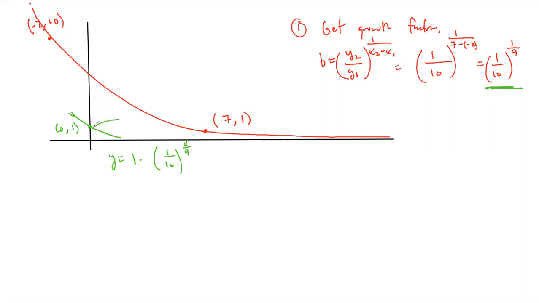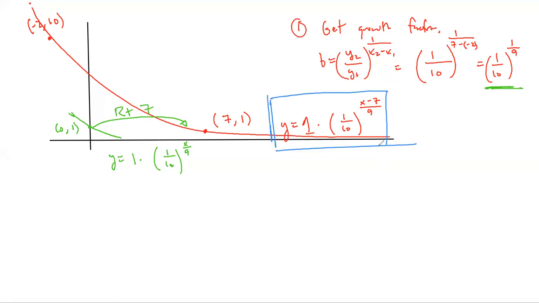What we want is to take that green thing and shift it to the right 7 units. And so one possible formula for this red curve between our 2 points is y is equal to 1 times 1/10 raised to the (x minus 7) over 9. And we're done.